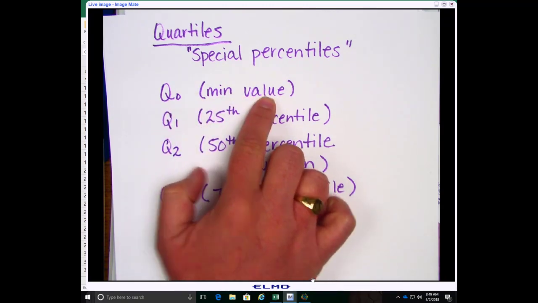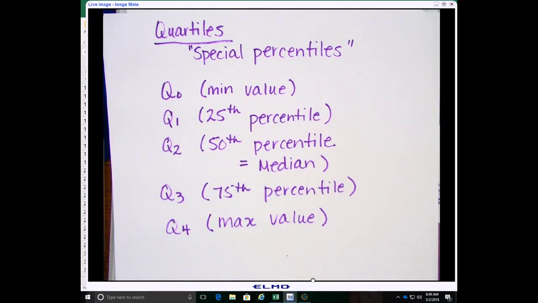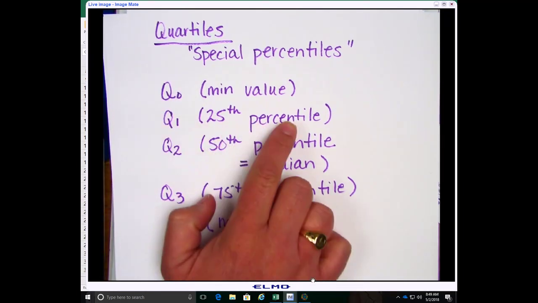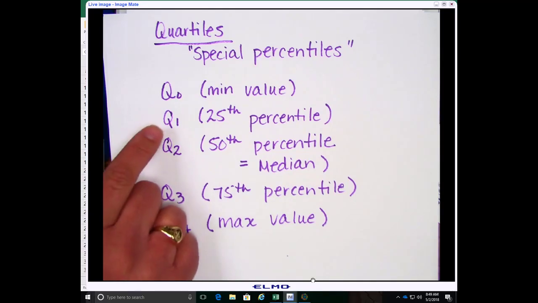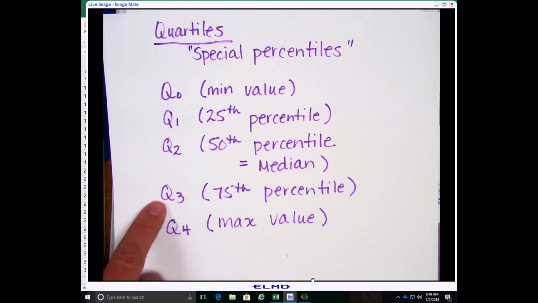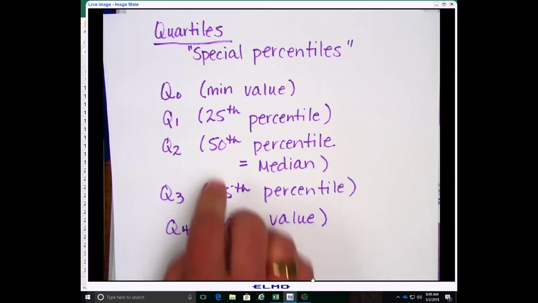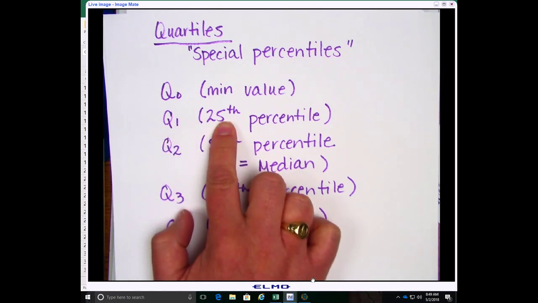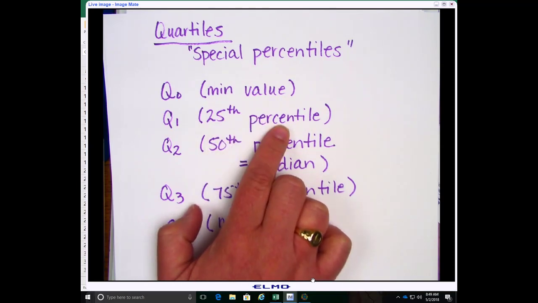The second, we call it quartile 1, is the 25th percentile. I always think about this as having quarters. If I have one quarter, I have 25 cents, 2 quarters, 50, 3 quarters, 75, 4 quarters, 100%. So quartile 1 is the 25th percentile. It's the value that separates the bottom 25% from the top 75%.